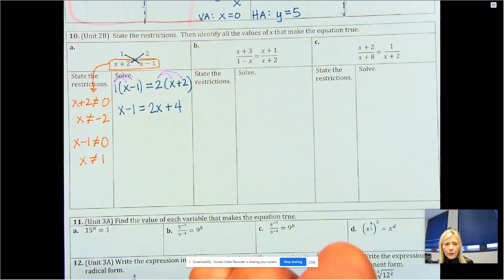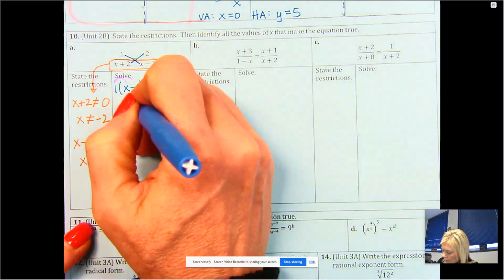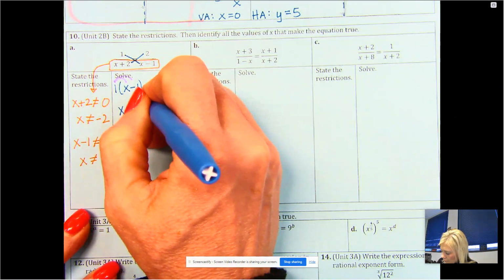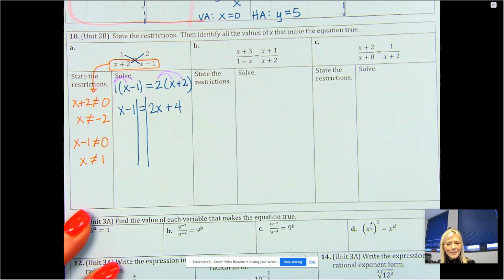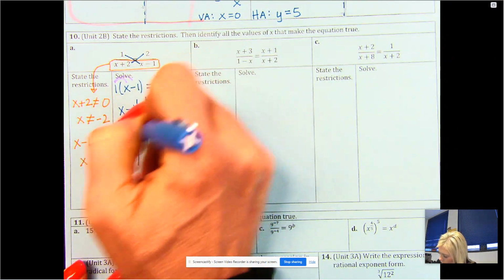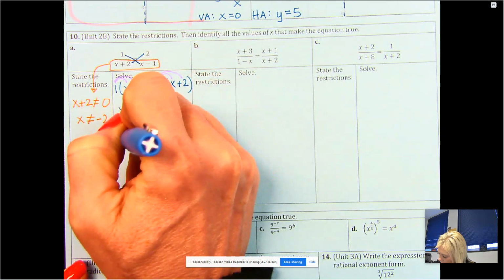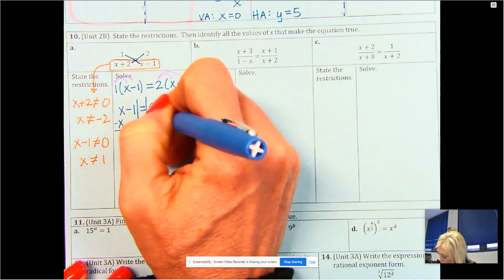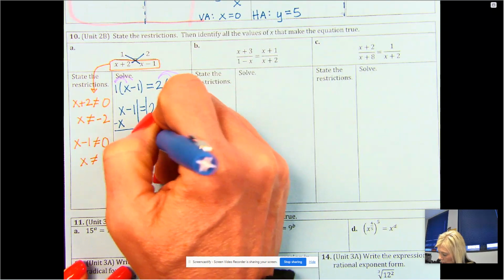And so from here, you guys seem to like using those railroad tracks. And I'm doing that because I'm just going to move the x's to one side and the constants to the other. So basically you're moving like terms so that they're each on their own side of the equal sign. So minus the x, I get negative 1. 2x minus x is x.